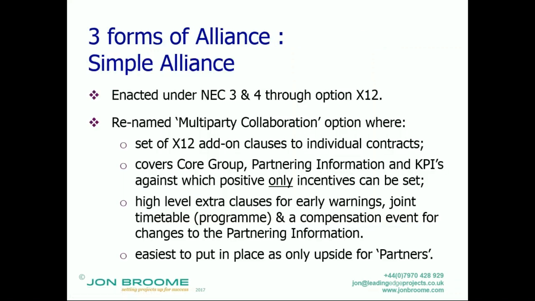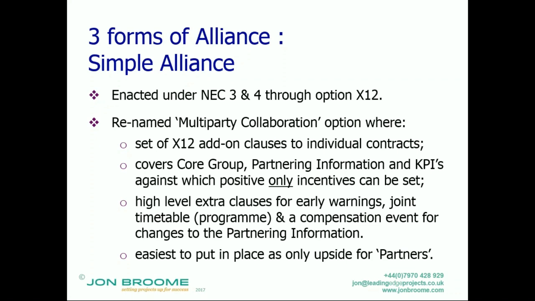What those X12 clauses cover in pretty much the same way is the core group, which is effectively a board for the project, partnering information, which is about how the parties are going to work together, so the structure, the common IT systems, things like that, and key performance indicators against which positive only incentives can be set.